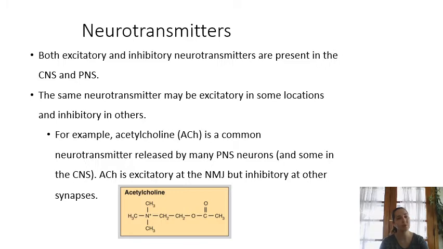Some of them are referred to as inhibitory, and inhibitory neurotransmitters are ones that are going to stop a signal. So there are signalers that say, stop, don't go forward, right? And sometimes neurotransmitters can behave different ways depending on which synapses we're talking about. Acetylcholine, for example, is excitatory for your muscles, but it's also inhibitory at some other places, which we'll talk about later on.